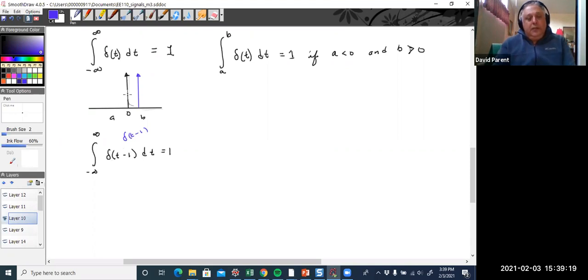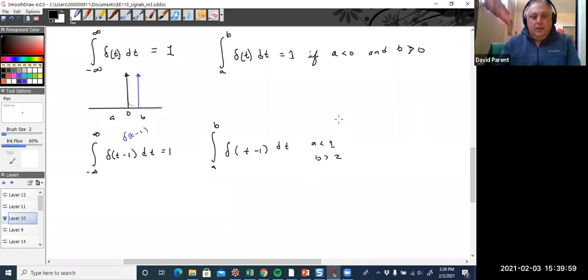So even if we shift this and we integrate over all possible time, we still get 1. But now A has to be less than 1, and B has to be greater than 1.